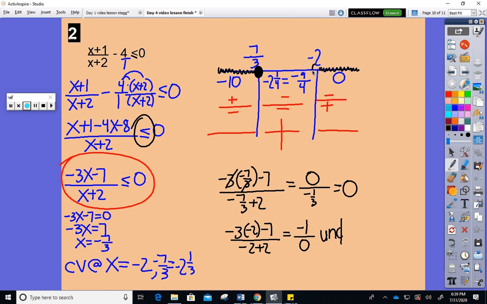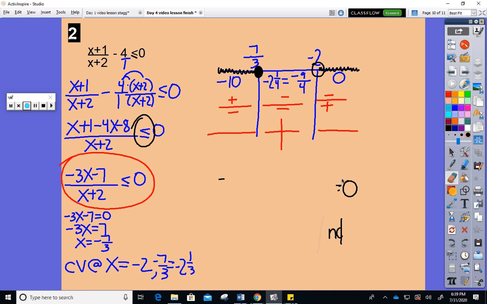So this is not a solution. So open circle. So in general, critical values that come from the bottom are not solutions. So leave them open circle. You'll only ever close circle a critical value that comes from the top. But you only close anything in if it's an equal to 0, less than or equal to 0, or greater than or equal to 0 problem.